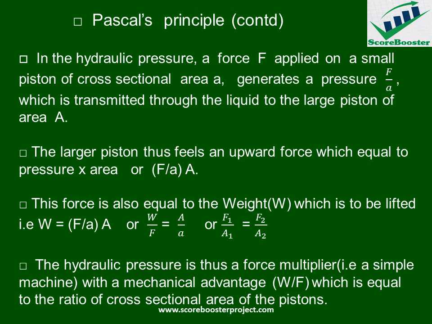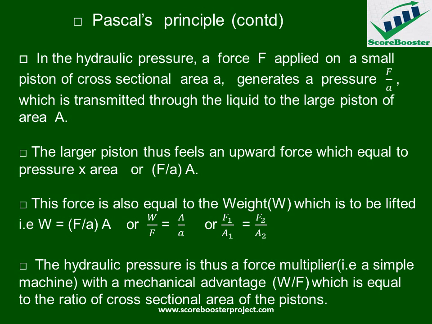Usually in a hydraulic press, you have a smaller piston and a larger piston. The force generated on the small piston will create a pressure which will later be transmitted to that of the larger piston. Now, the larger piston will have an upward force which is equal to the pressure generated times the area of the larger piston.